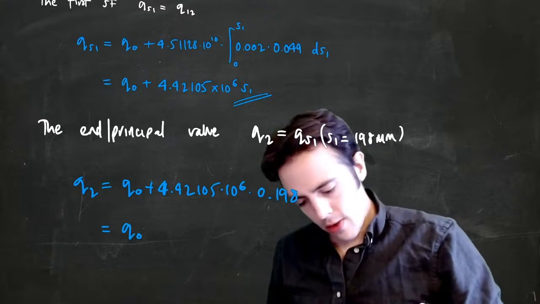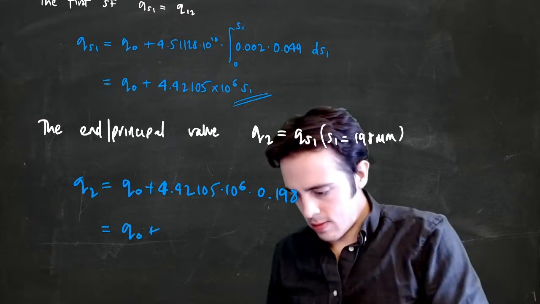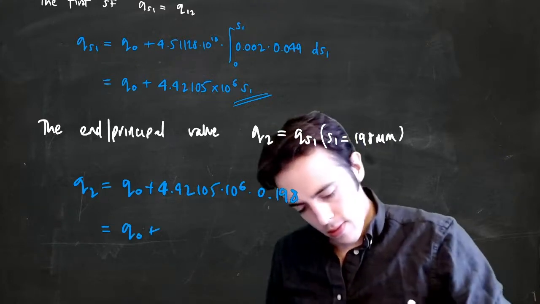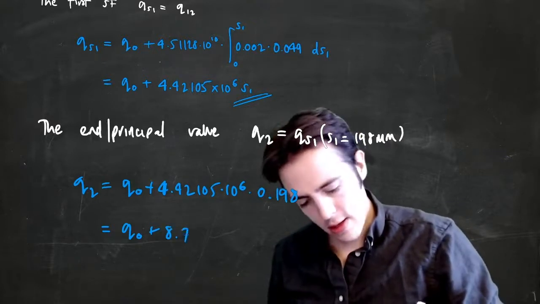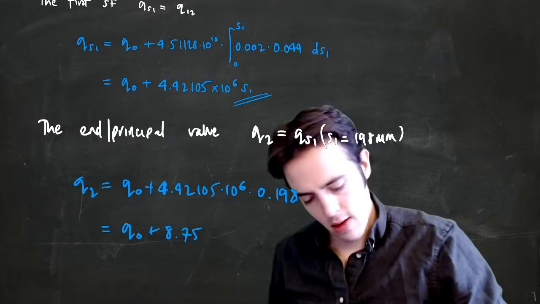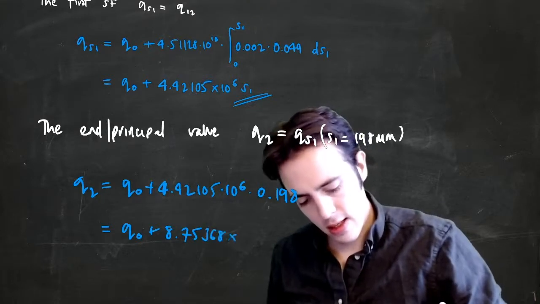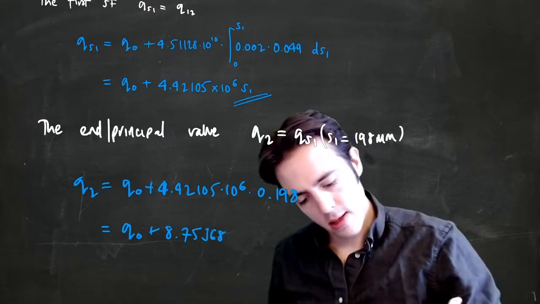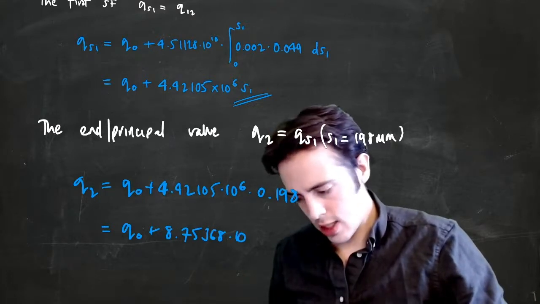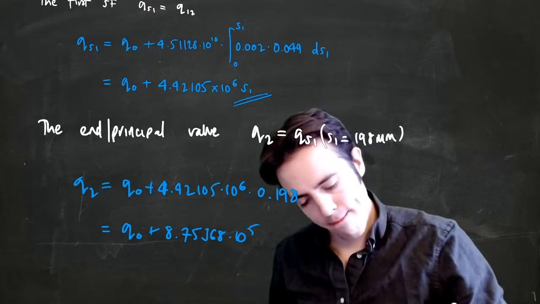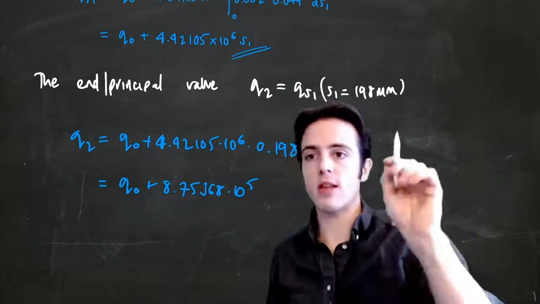So that's Q0 plus 8.75368 times 10 to the 5.